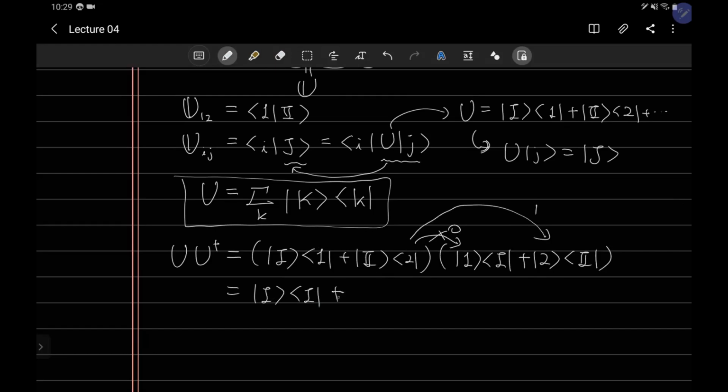So only the second term will survive, like this one, and so forth if we had more terms. And what does this summation look like? It is simply an identity operator. So with these simple lines, we can prove that this shape will always be a unitary operator.